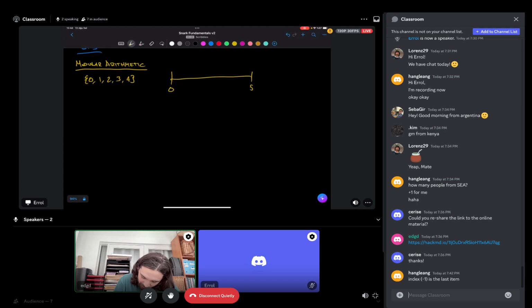But because we're going to wrap this round into a circle, 0 and 5 are the same number. So even though it goes up to 5, it doesn't include the number 5 because 5 is treated as the same thing as 0.